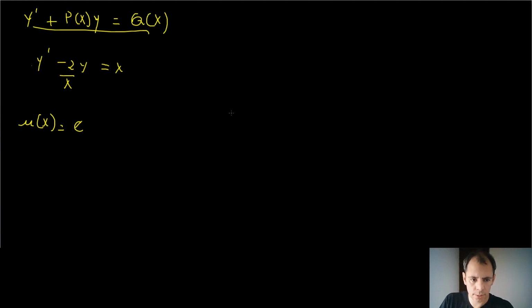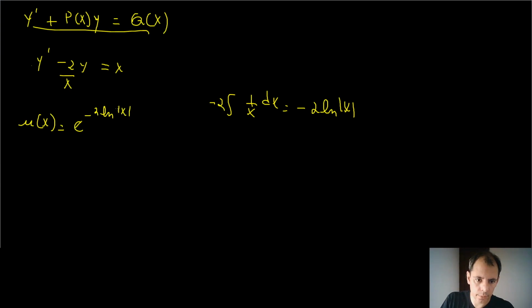I just want to speed this up. So the integral of minus 2 times 1 over x dx equals minus 2 ln of x. So it's e to the minus 2 ln of x.